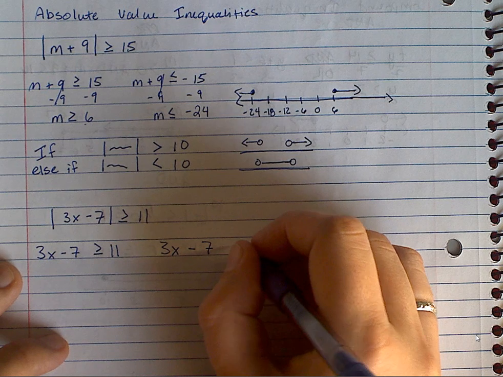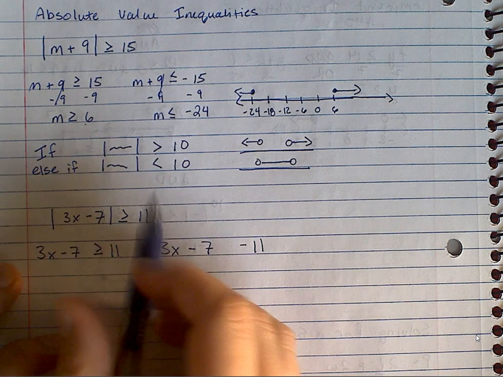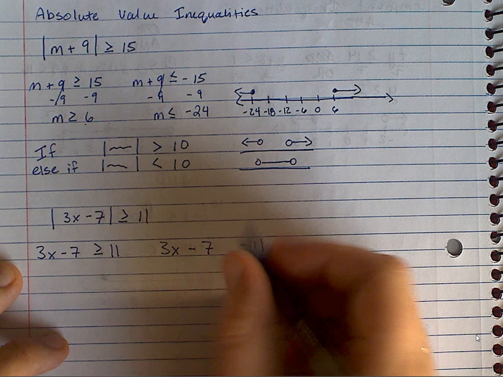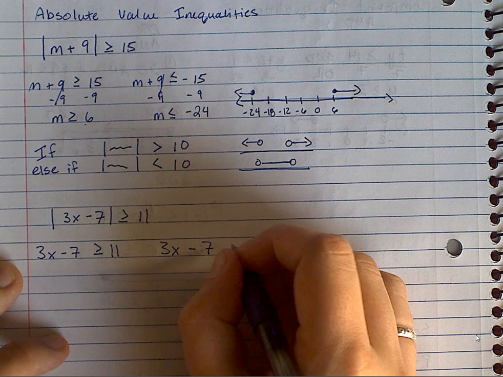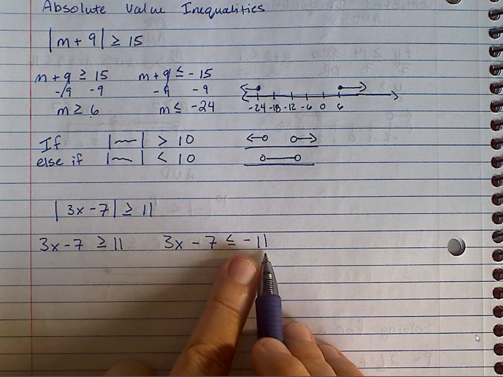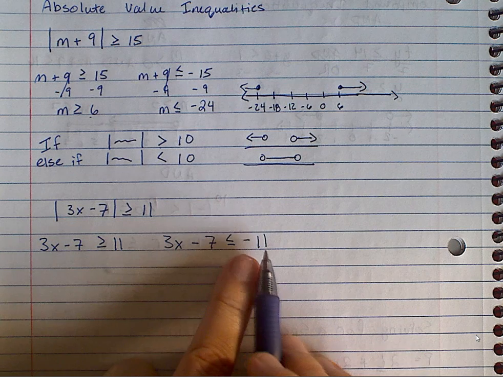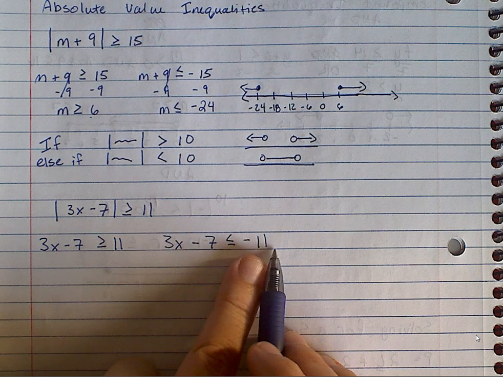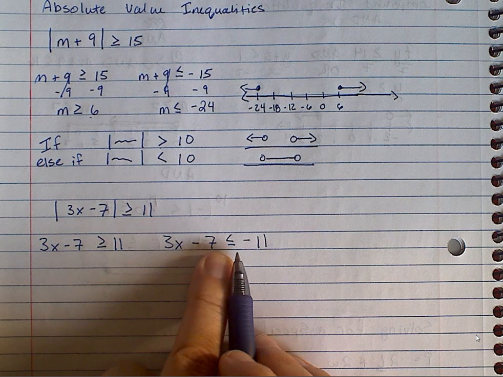I agree with the negative 11, but instead of greater than or equal to, we're going to flip it around to be less than or equal to. The reason we have to flip it is we change the sign. In inequalities, when you change the sign of things, we need to flip the inequality.